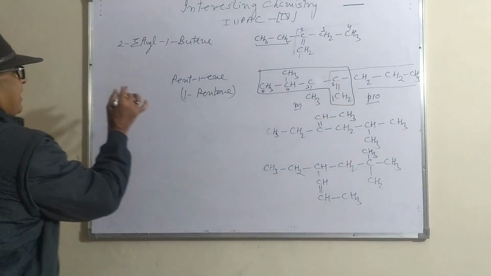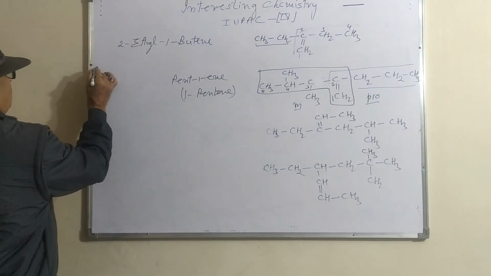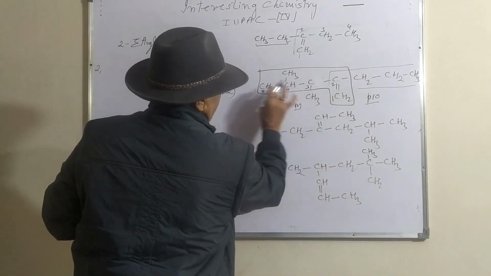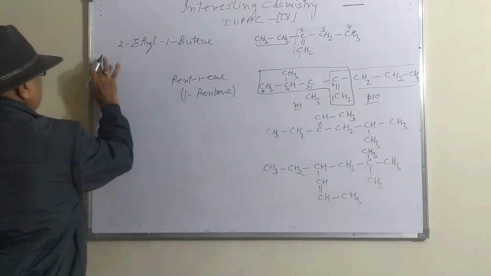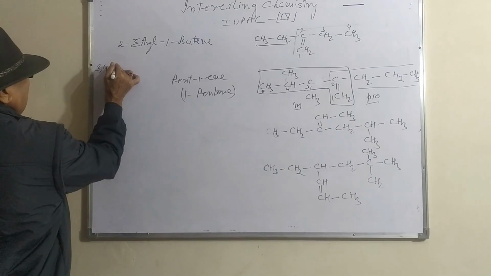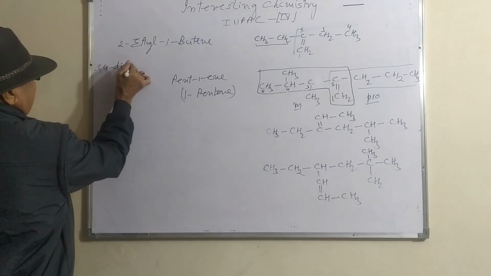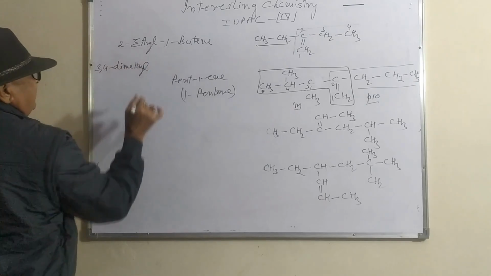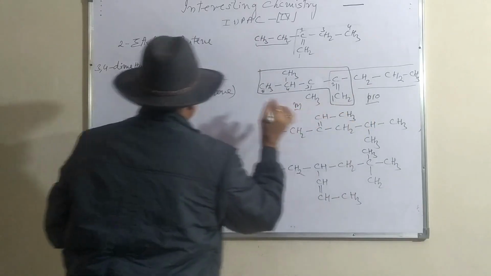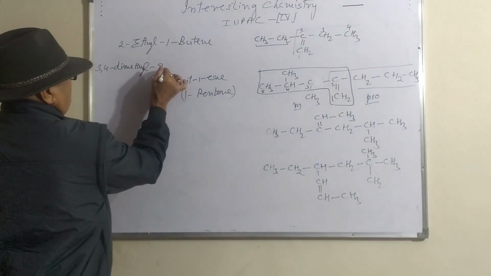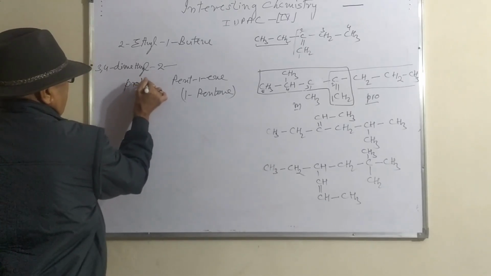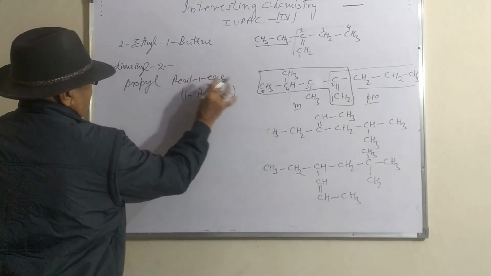So the name of this compound will be 3, 4 dimethyl and 2 propyl pent-1-ene.